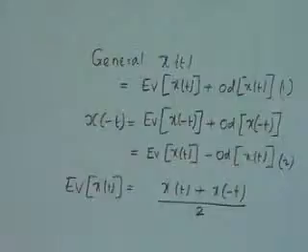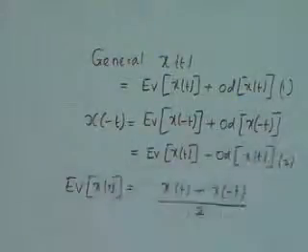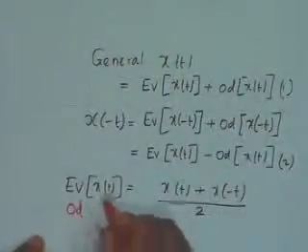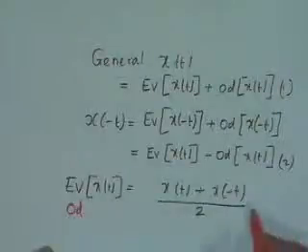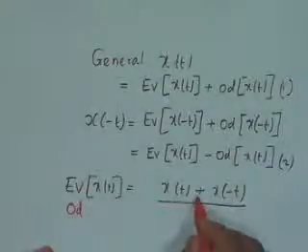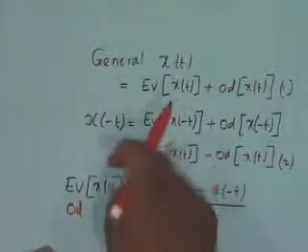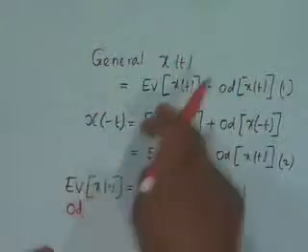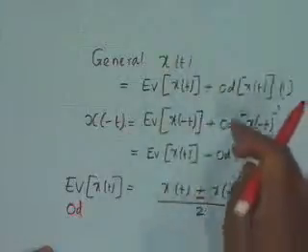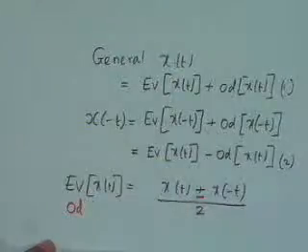On the other hand, if I wish to find the odd part of x of t, all I have to do is have a negative sign here. That is, subtract x of minus t from x of t, then you get twice the odd part of x of t, and therefore the odd part of x of t is equal to this.